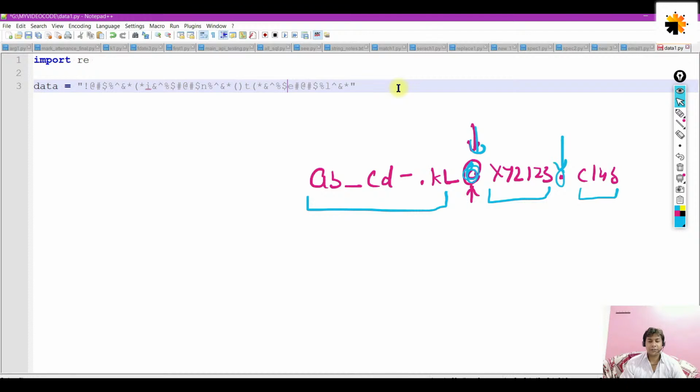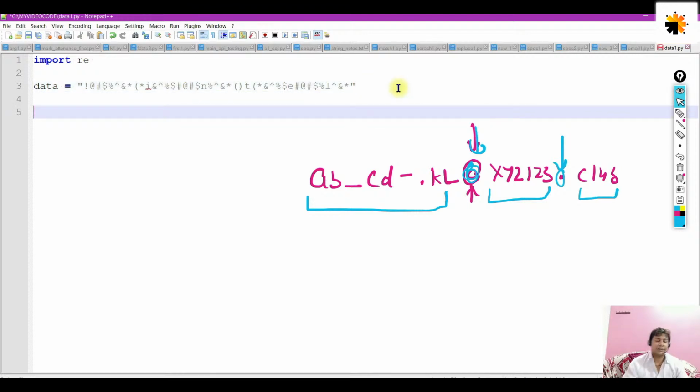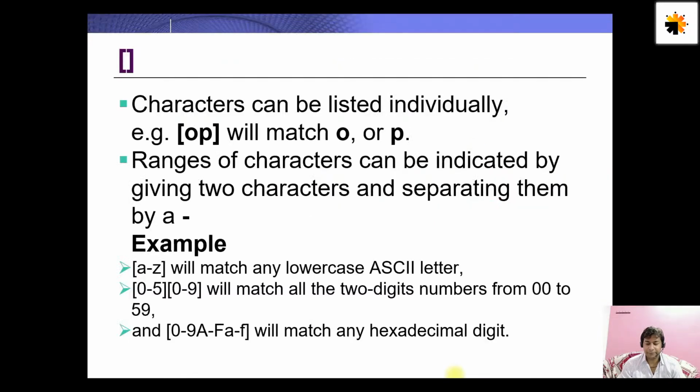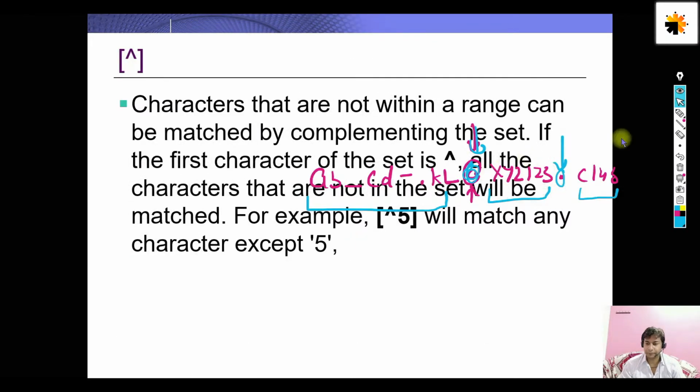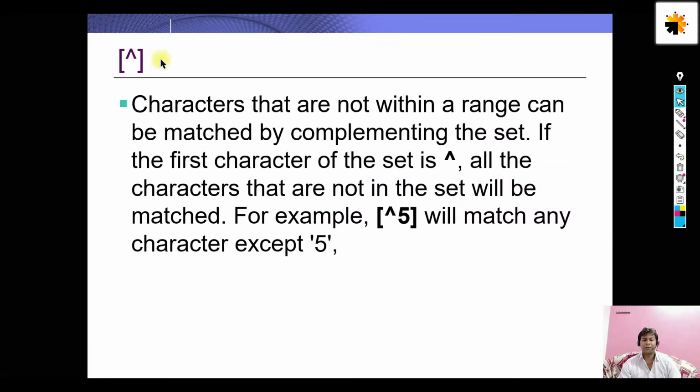So I need to find those letters. I'm going to use a very special thing: the negation. Negation means except this. If I use the caret sign inside the square brackets, it means except 5, get all.